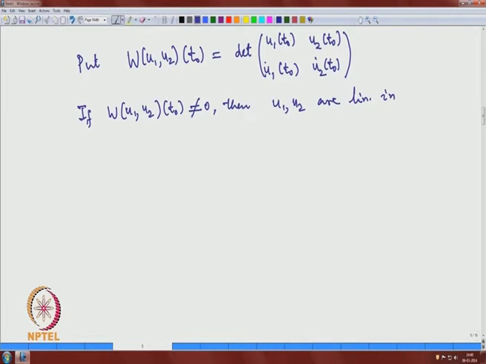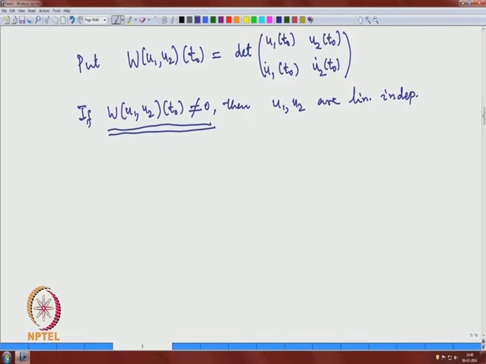So, when you put more structure into the functions, for example, here we have taken differentiable functions, we see a simple condition, and that at just one point. So, even if the Wronskian is non-zero at one single point, those two functions U1 and U2 are going to be linearly independent.